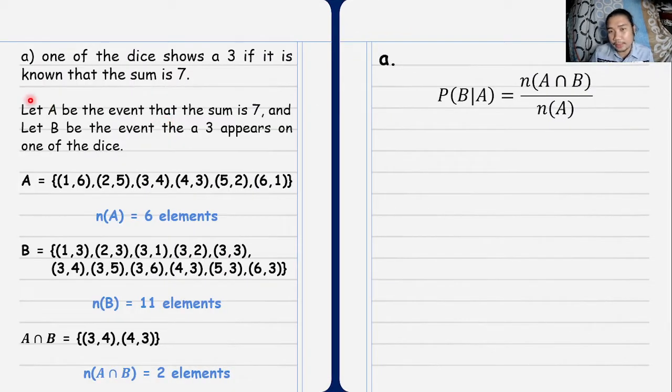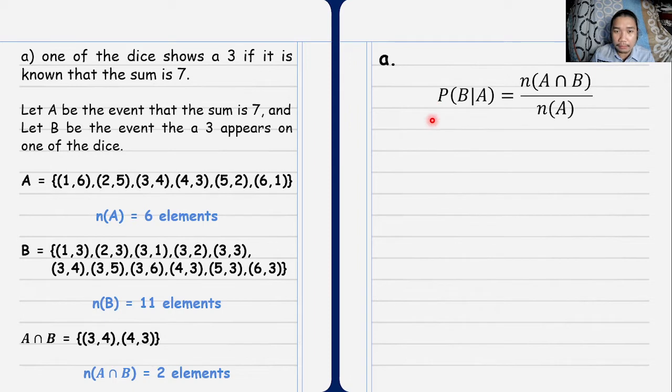So solve natin yung letter A. One of the dice shows a 3 if it is known that the sum is 7. So since we already know the value of event A, event B, and then A intersection B, we need to find the probability of B given that A has occurred.